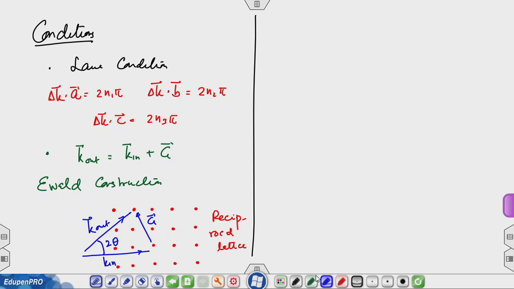Third, I am going to introduce now something called the Brillouin zone. Now, imagine this reciprocal lattice, and I am going to make these points a little far.